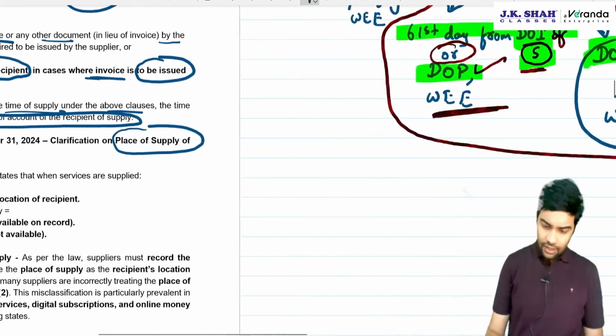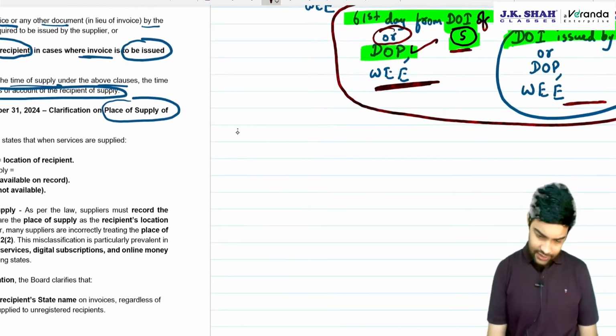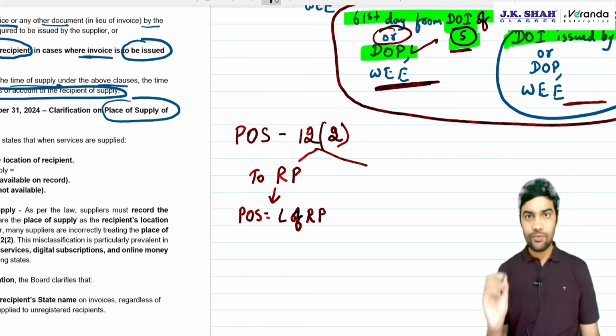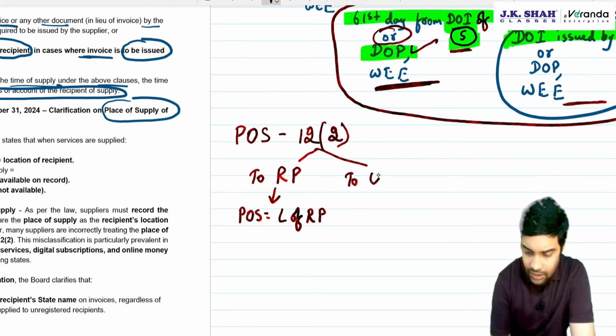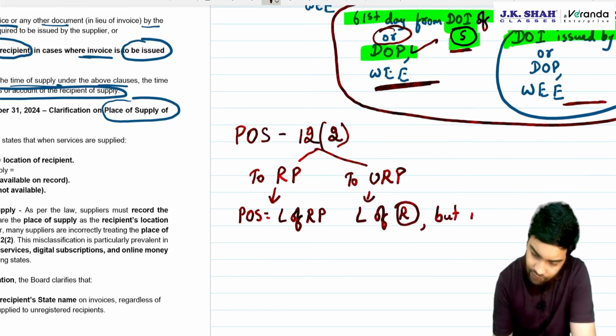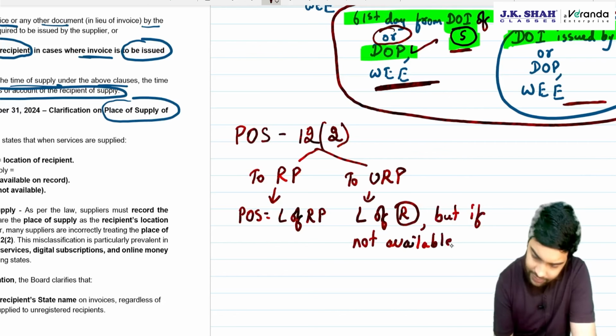All these services get covered under place of supply, section 12, and 12.2 says if service is provided to a registered person, then the place of supply will be the location of the registered person. Correct. If the service is provided to an unregistered person, then the place of supply will be the location of the recipient. But if not available, then the location of the supplier. Correct.